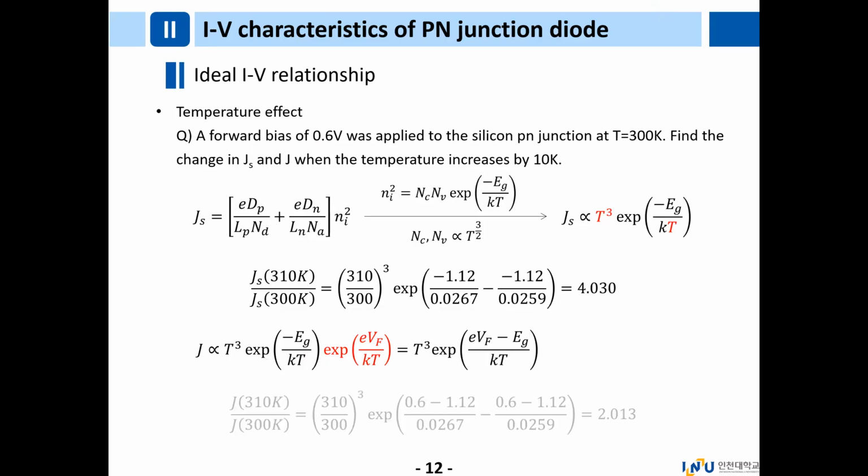Therefore, when comparing 310 Kelvin and 300 Kelvin, it can be seen that when the temperature increased by 10 K, the forward current doubles. As a result, it can be seen that the forward current is less sensitive than the reverse saturation current density.